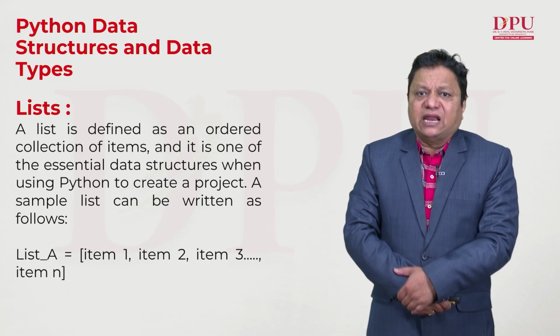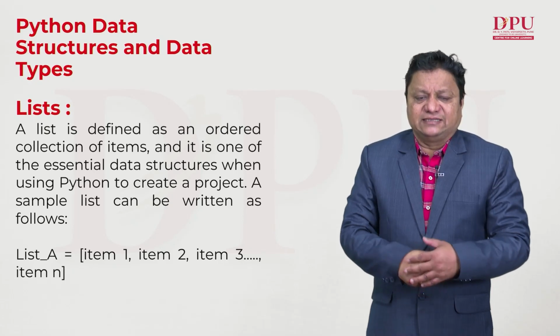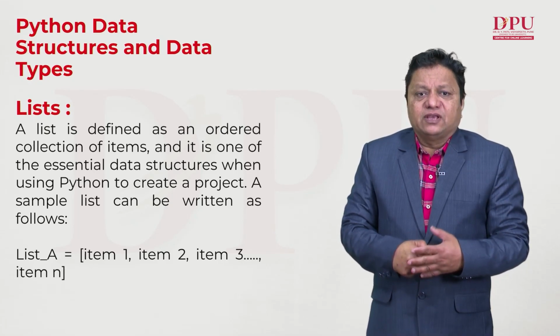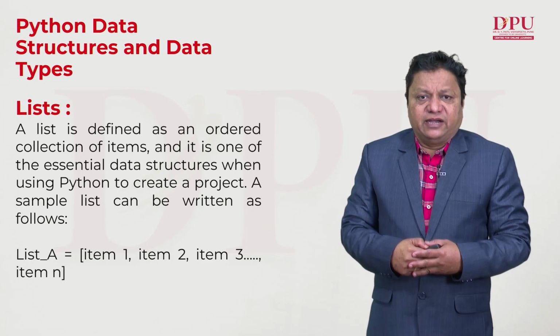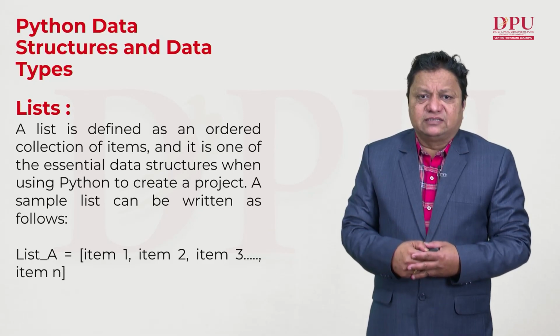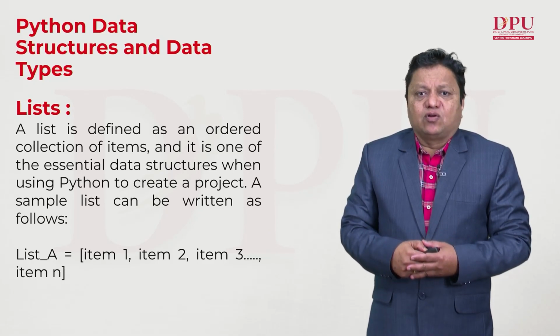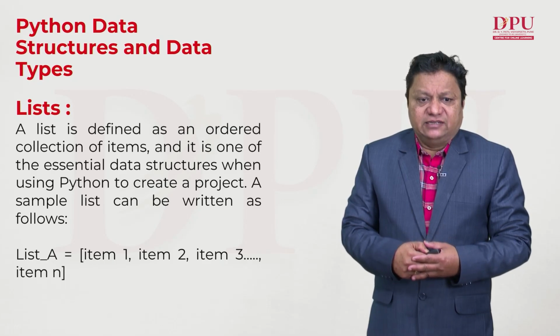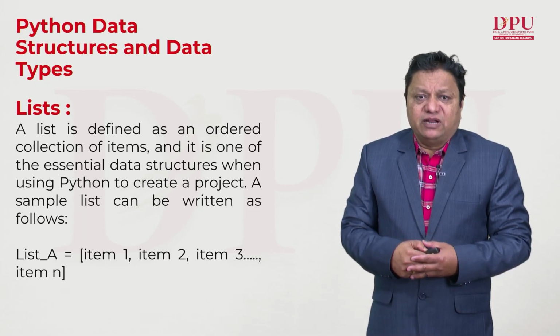A simple list can be created with the use of the following syntax. List name is equal to, in the square bracket, specify the items separated by comma, as you can see in the slide, that is list underscore a is equal to, in the square bracket, item 1 comma item 2 comma item 3 comma and so on.